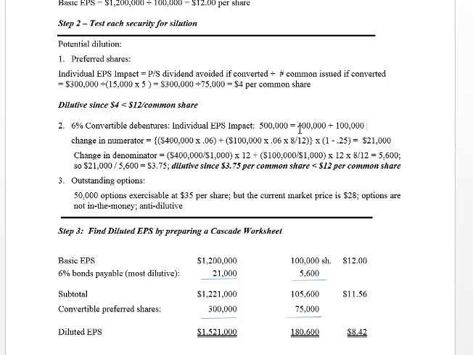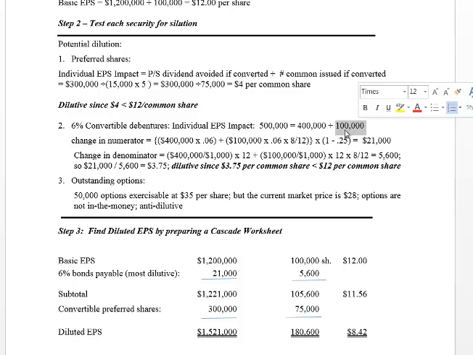So what we want to find out is, for these $400,000 in bonds, if we had converted them at the earliest opportunity, which would have been January 1st, because they were outstanding all year, how much interest expense would we have avoided on an after-tax basis? For these 100,000 of the 500,000 that were issued on May the 1st, how much interest expense could we have avoided booking on those had they been converted at the earliest opportunity?